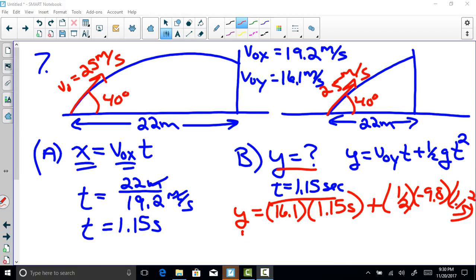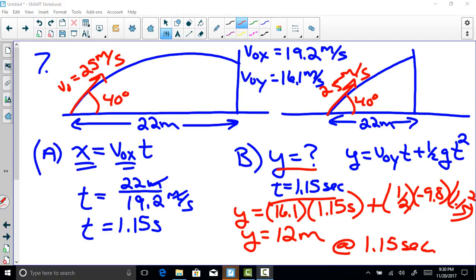If you do that math, what that's going to come out to tell us is that we are at 12 meters at 1.15 seconds. Now, that still doesn't answer the question about whether the ball has passed the highest point on its trajectory.